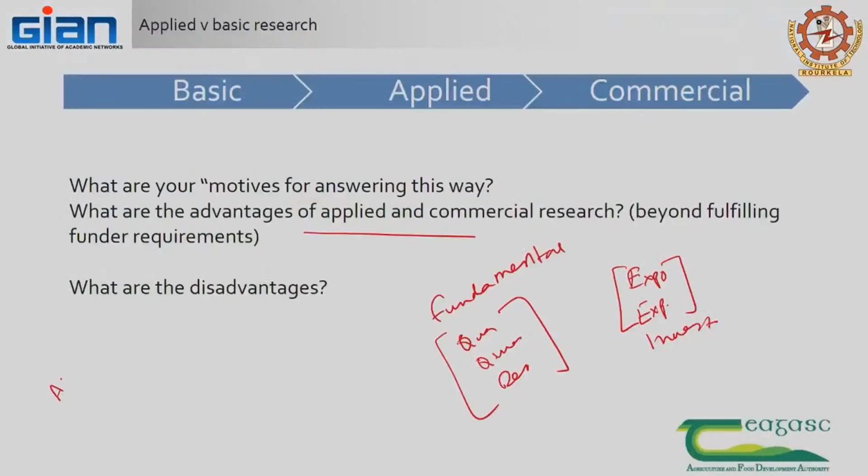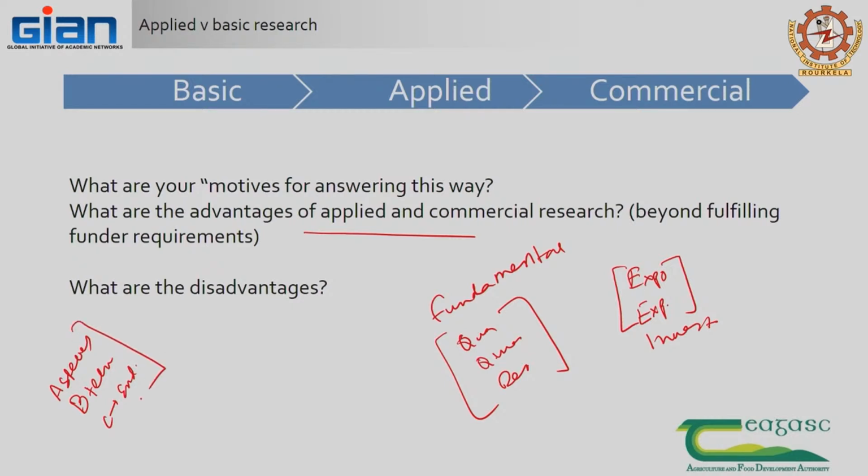When you make a process, that means A species, B technology, C end product, you develop the process.